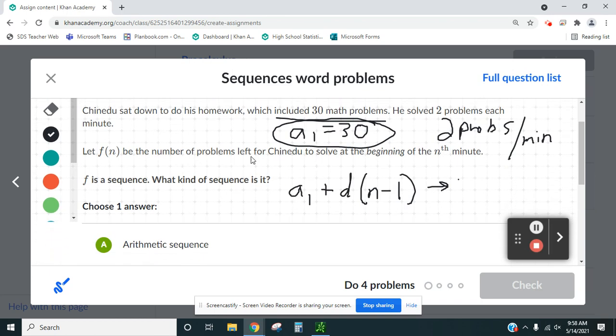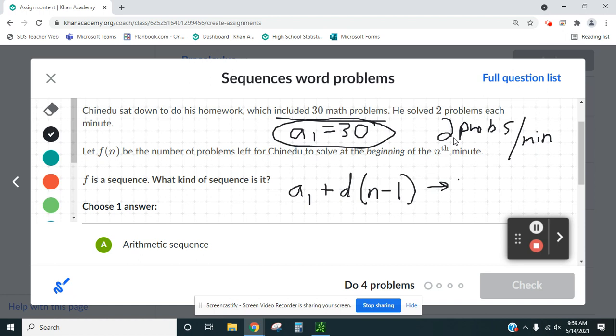So let's think about this. In the first minute, how many problems are left for them to solve? This is what I'm saying. Are we starting at the beginning, 0 minutes, or are we starting at 1 minute? If we start at the beginning, there are 30 left, right? Sometimes it's 1 minute.